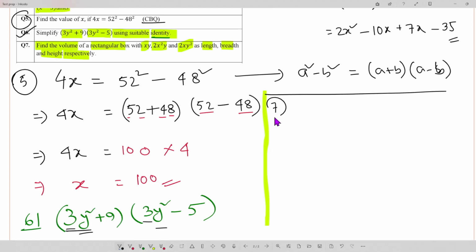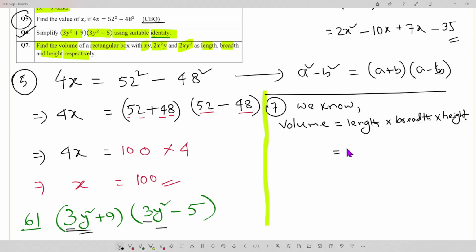Number 7, we know volume equals length times breadth times what? Height.